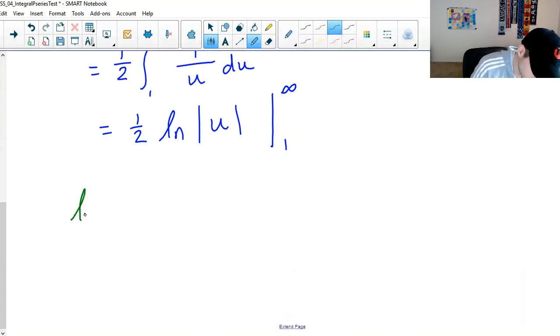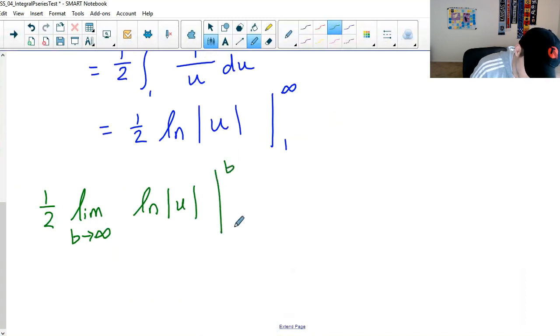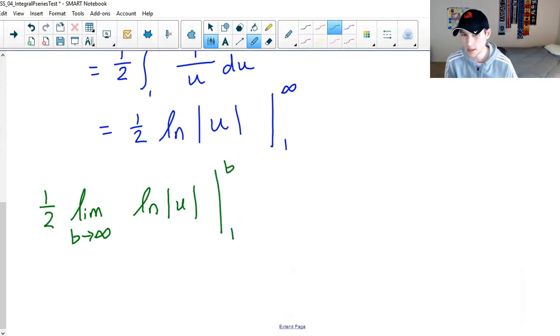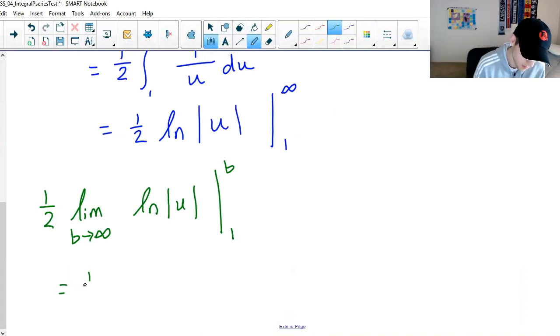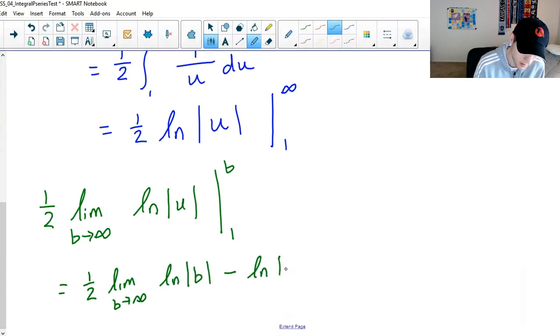So I'm going to make a limit. I'll bring the 1/2 out in front. So natural log u evaluated from 1 to, let's say, b, so that we can actually plug in something that's not infinity. So natural log of b minus natural log of 1.